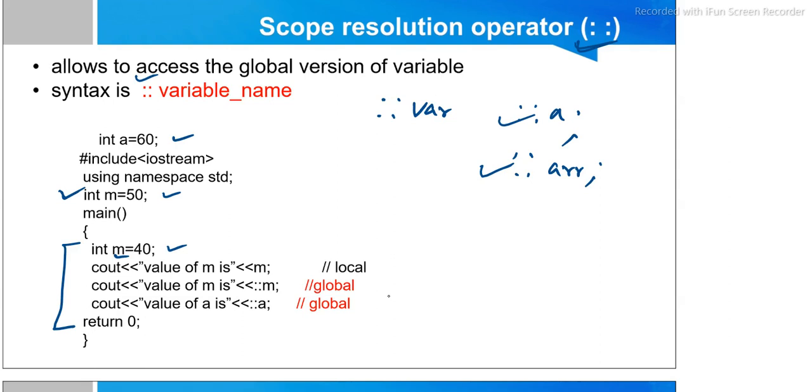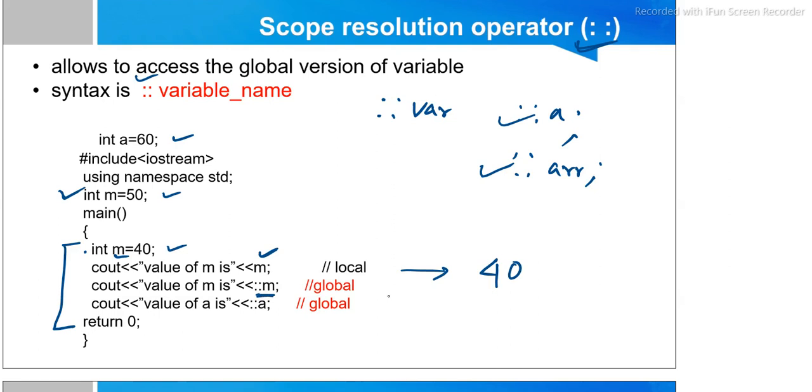In the three cout statements, the first statement displays the local variable present inside the main function. It will give the output 40 because it has access to only the local variable. Similarly, in the second cout statement you can see the scope resolution operator, then m is written.